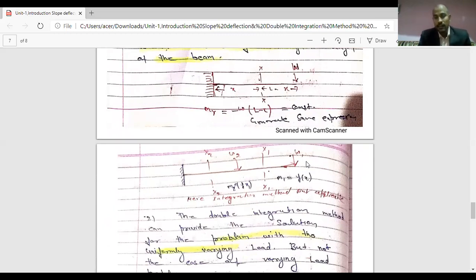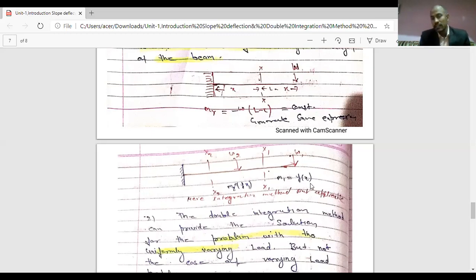Here, if we find the bending moment for this beam, the bending moment will not be constant for this beam. Here I write M1 equal to f(x) and M2 equal to f(x1).